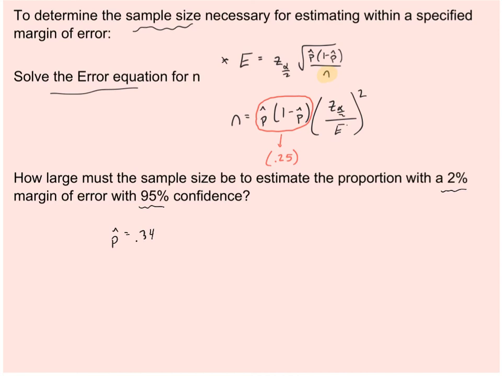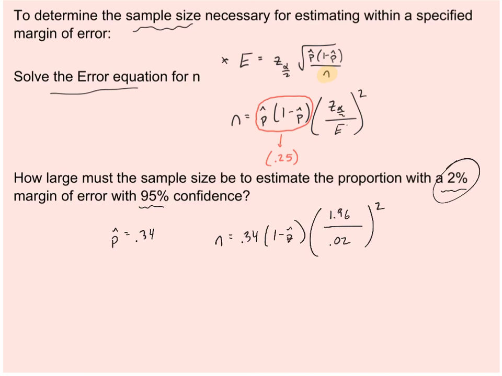Not E equals, it's n equals p hat, 0.34, times 1 minus p hat, times the z-score, which was 1.96 for a 95% confidence interval, over E, the error in this one. I want a margin of error of 2%, 0.02, and then that parentheses is squared.